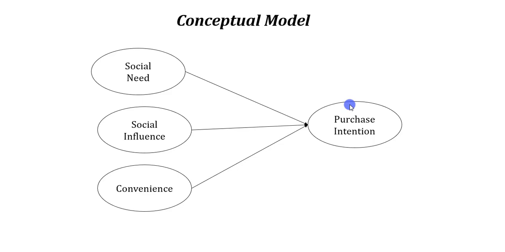The objective of my research is to see whether social need, social influence and convenience have an effect on purchase intention, and how much change there is in purchase intention when social need changes, and likewise social influence and convenience. In order to fulfill my research objective, I'm going to apply regression analysis. But before that, let's see some assumptions.